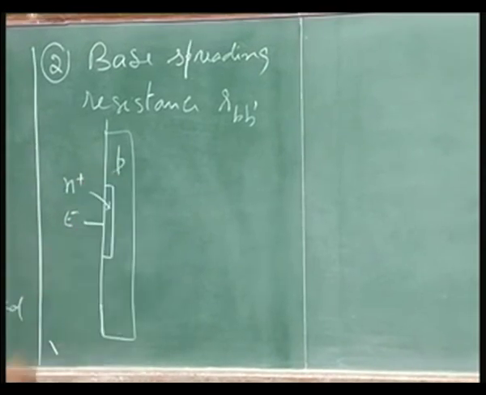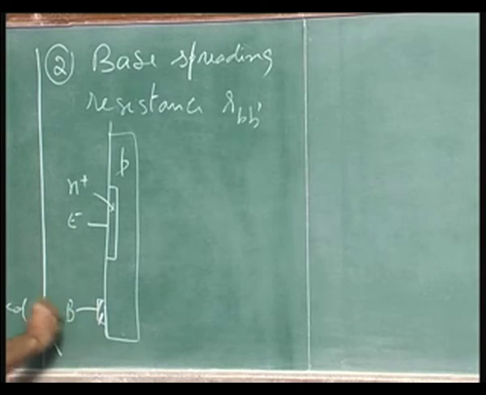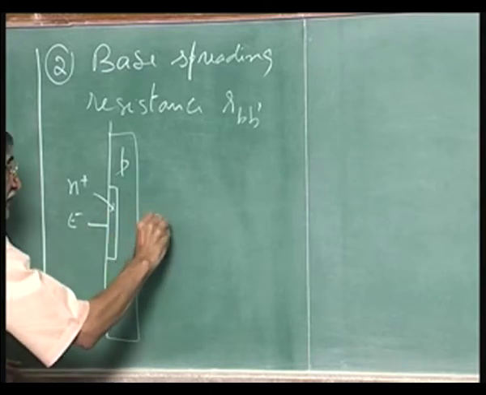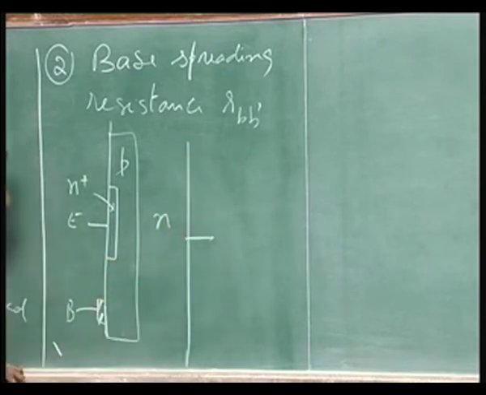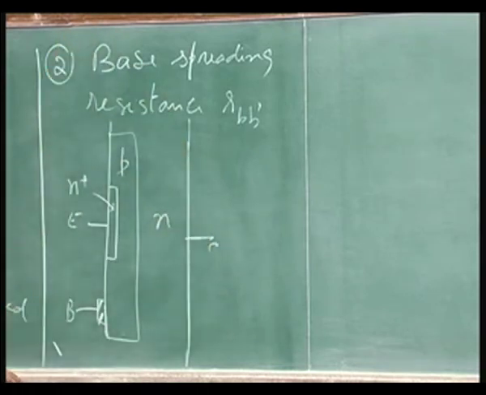I have a contact here for the base. I am showing the general structure of a bipolar transistor. Instead of showing it vertically, I am showing it like that. Usually, you will have top to bottom, and this is the collector, and it goes up to the substrate.